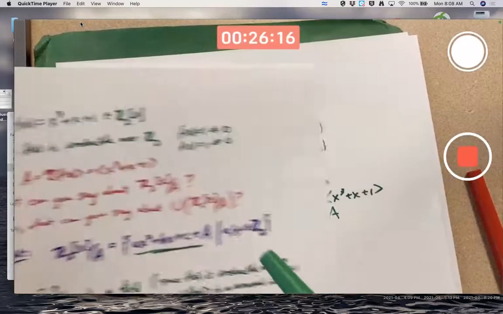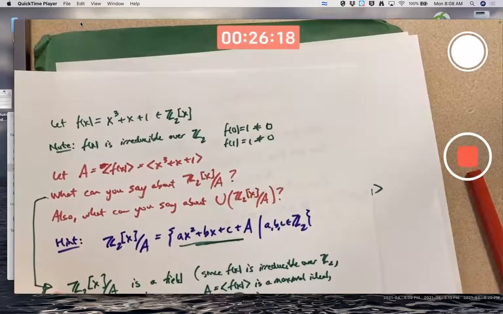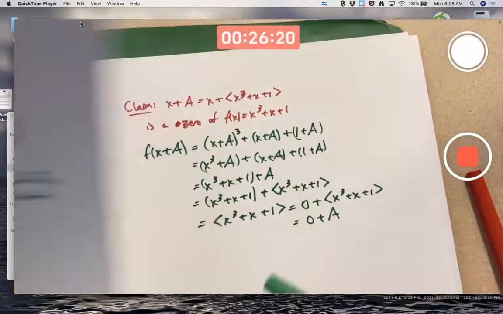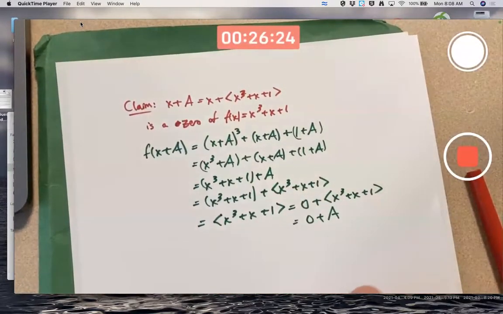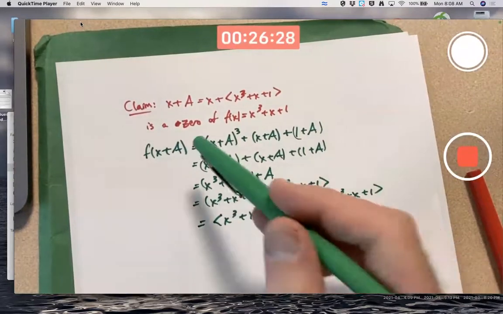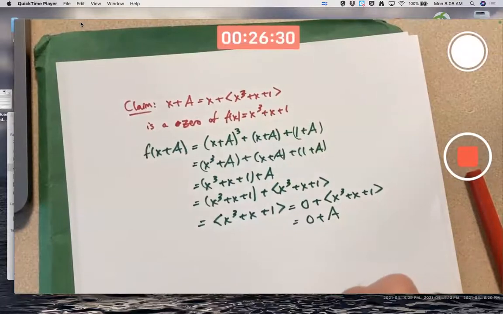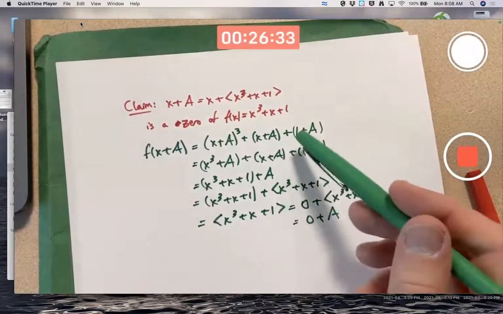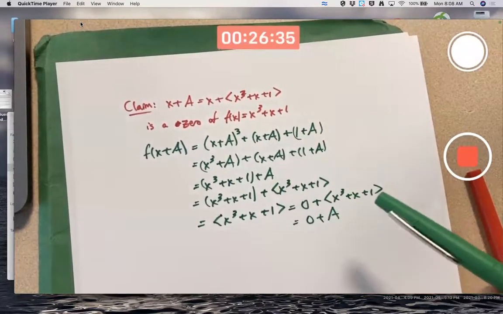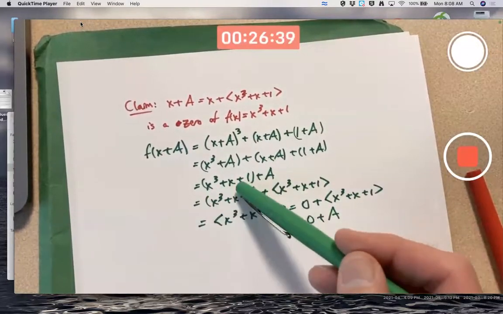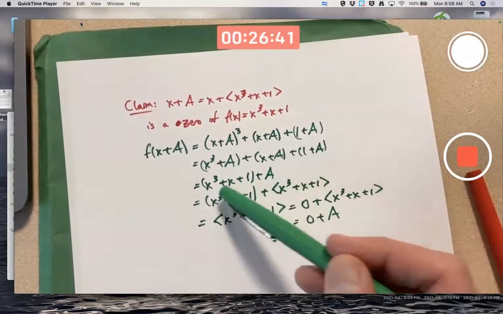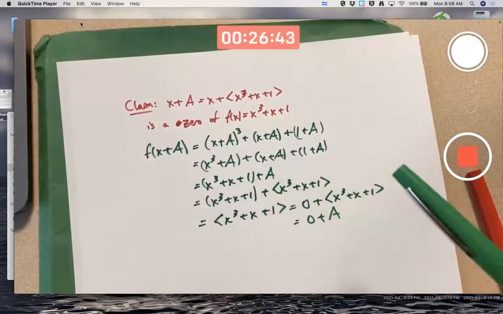Then in the factor ring, which will be a field, this element, x plus the ideal generated by the irreducible polynomial, will be a 0 of that polynomial. That will always happen. And the calculation that we just did here kind of makes it clear why. You end up getting the polynomial itself in front of the plus a. It is the coset representative, and it has to get sucked in.